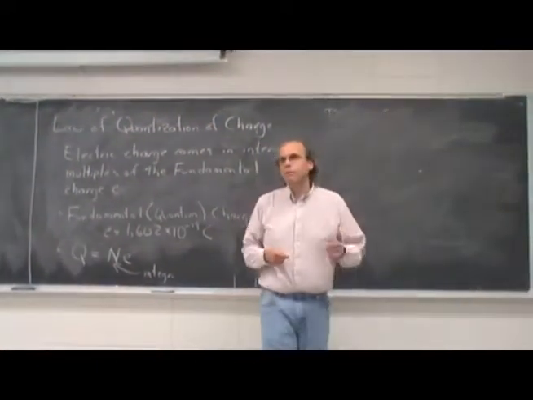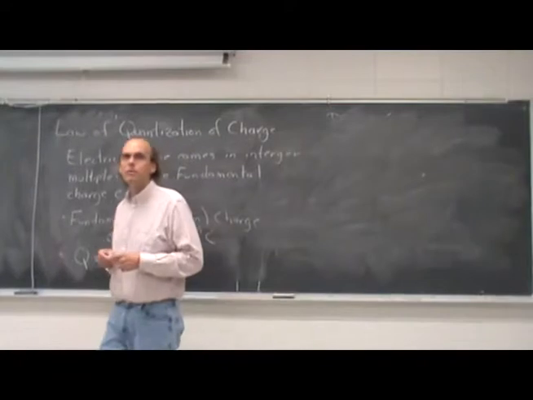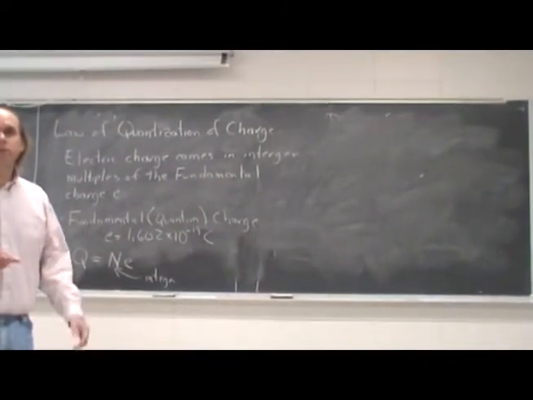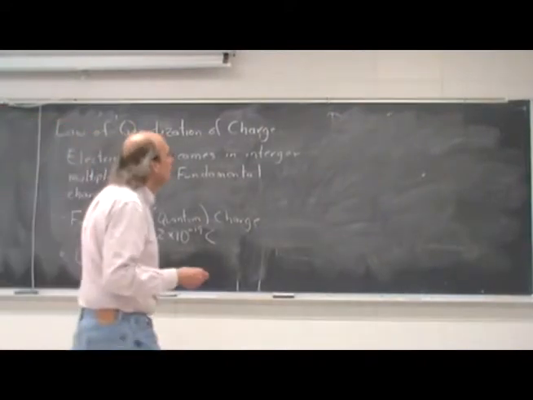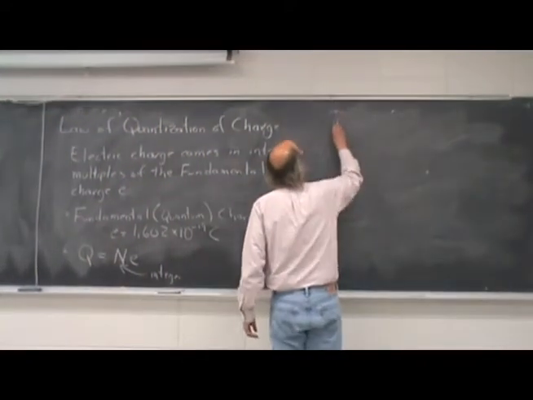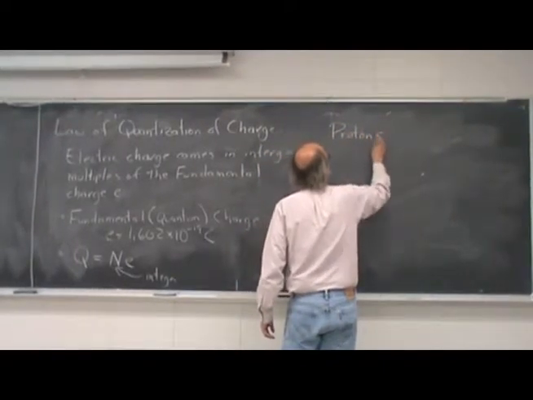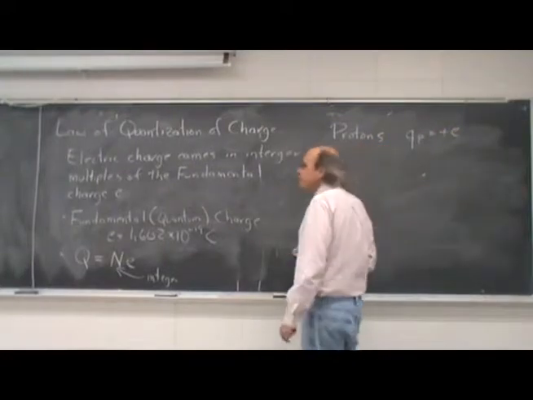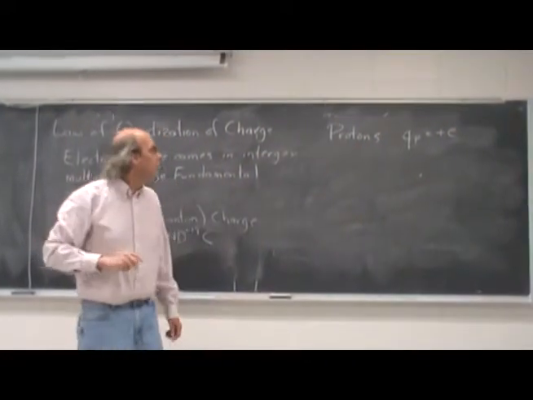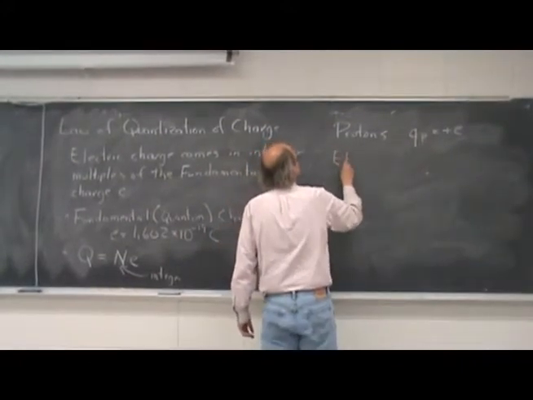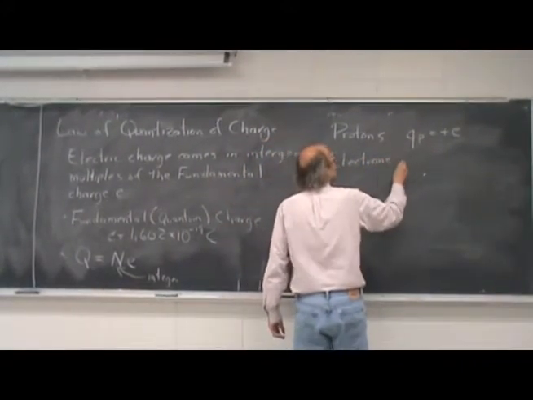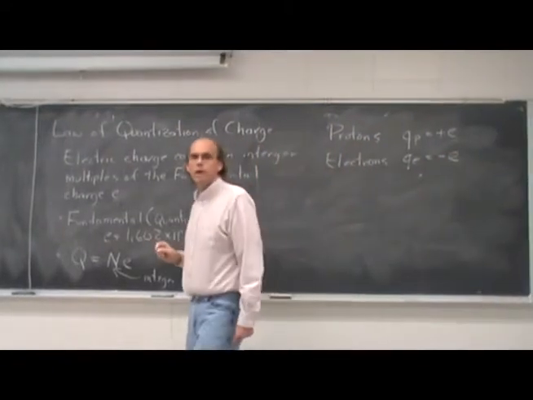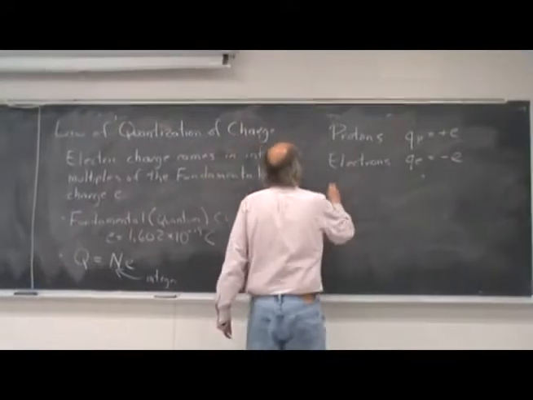So, probably been looking at particle physics a little this summer because of the Higgs boson. Almost all the charged particles you ever have to deal with are formed of protons, whose charge is positive E, electrons, whose charge is negative E, and neutrons that are neutral.